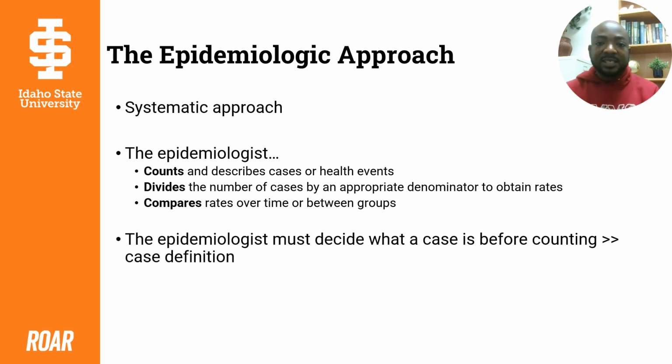Before counting cases, however, the epidemiologist must decide what a case is, and this is done by developing a case definition. Then, using this case definition, the epidemiologist finds and collects information about the case patients, and performs descriptive epidemiology by characterizing the cases collectively, according to time, place, and person.